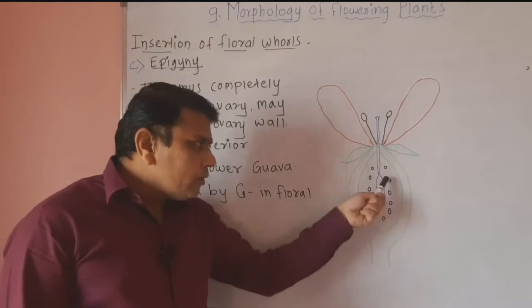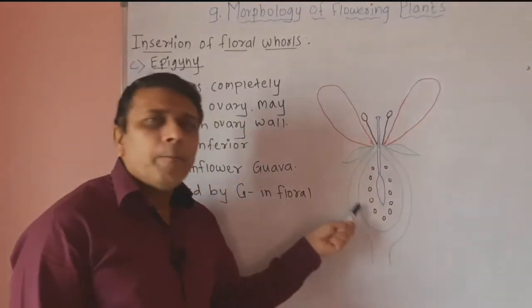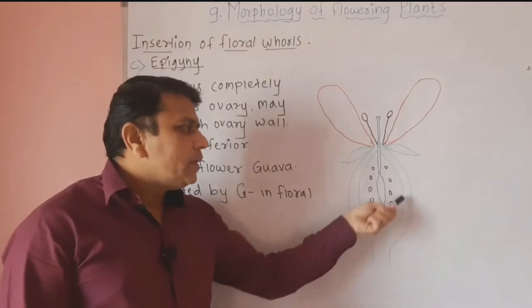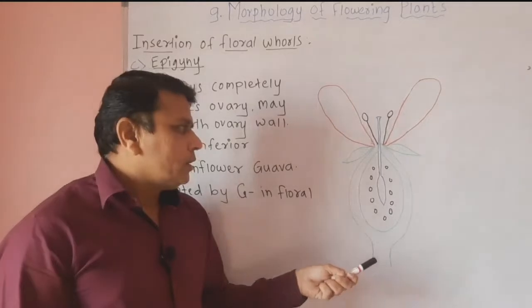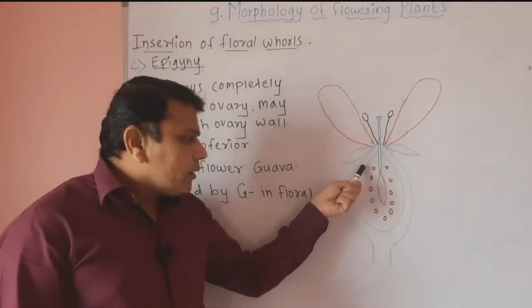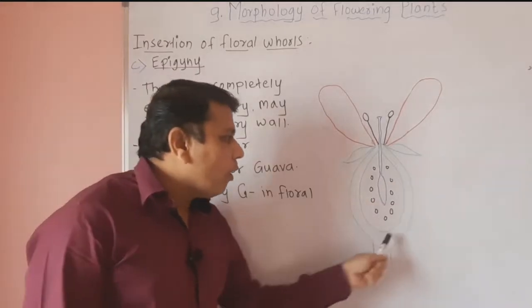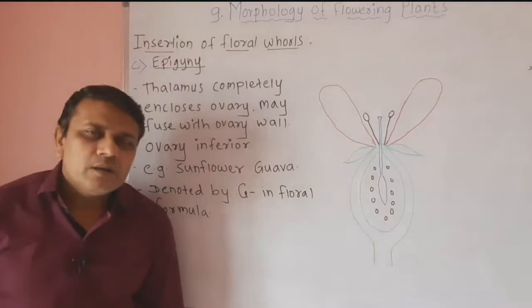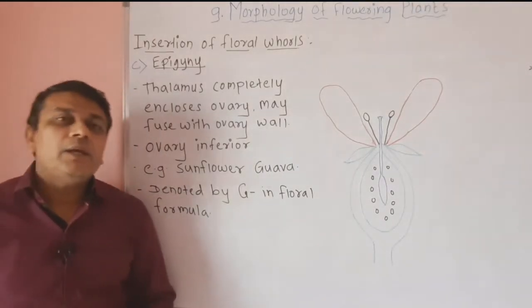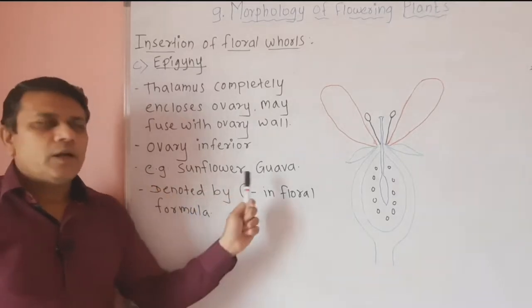Similarly, the ovary is enclosed by the thalamus completely and it is inferior to the floral parts. Similarly, the thalamus may be fused to the wall of ovary. So, ovary is inferior and such flower is called as epigynous. An example of it is sunflower and guava.